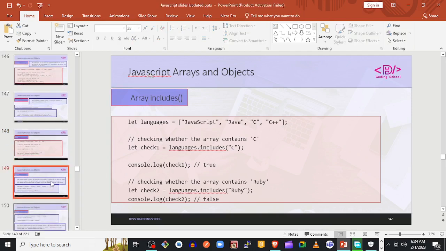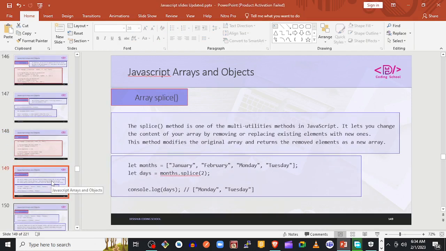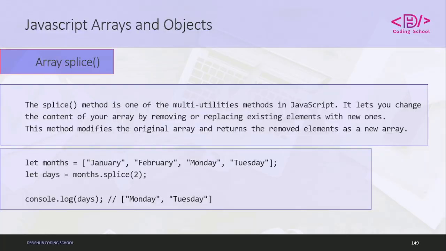Okay, so the next method is splice. Now if there is anything that is confusing, we have a slice method that returns a portion of an array, and then we have a splice method. Even me, I remember when I was getting into arrays, I used to confuse the slice method with the splice method.